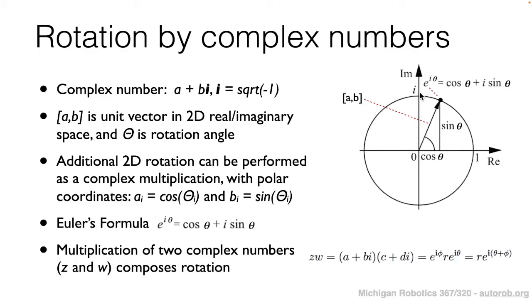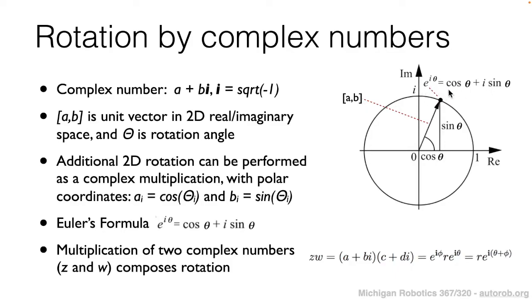So if we have a unit vector, let's say this unit vector A comma B, we can think about it as existing within the complex plane according to a rotation of theta degrees about the plane's axis. The vector notation of A comma B can be thought of as equivalent to what's known as Euler's formula, which is given here.